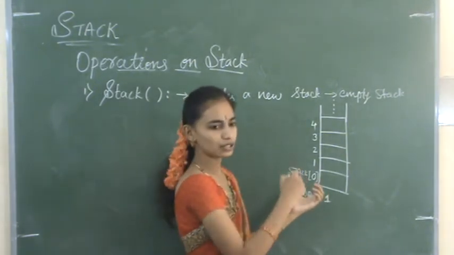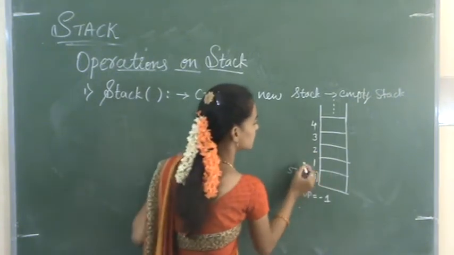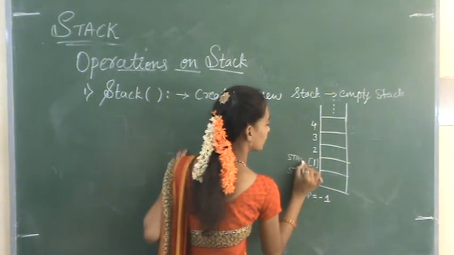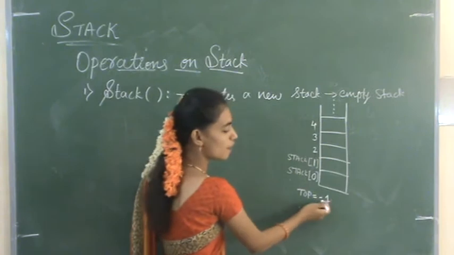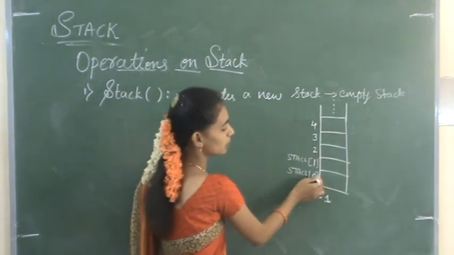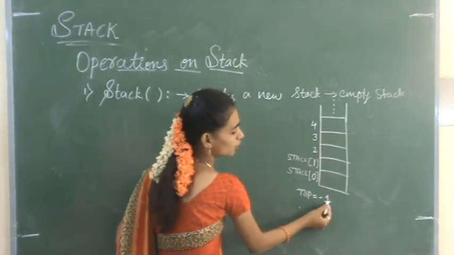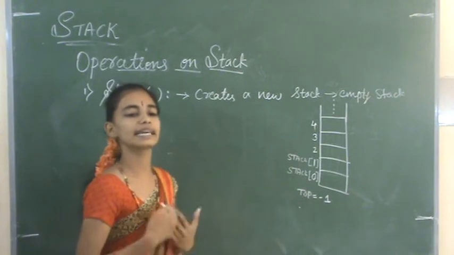In an array we are using A, so now we are using stack. Just take stack as a name: stack of 0, stack of 1, like this. Now the top is at -1 because before starting with the stack we have to represent that the stack is null, meaning it doesn't contain any value.